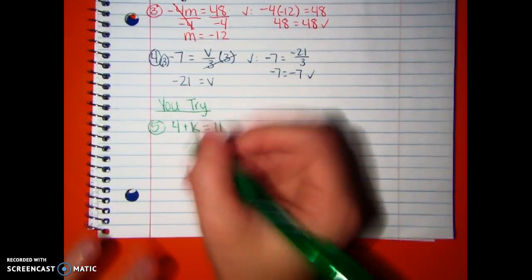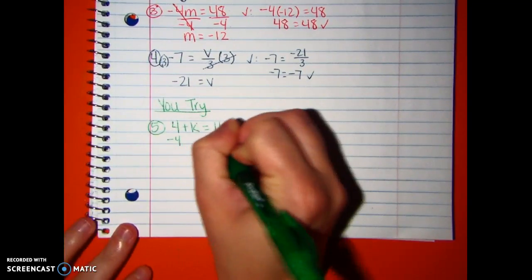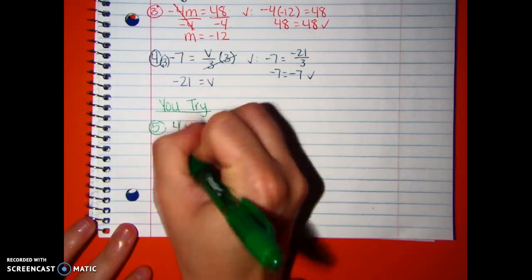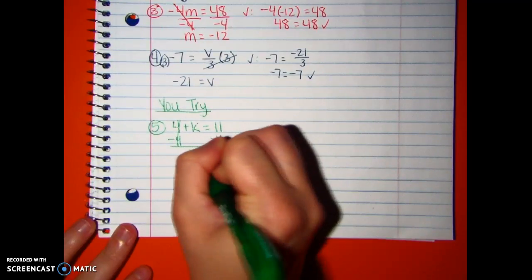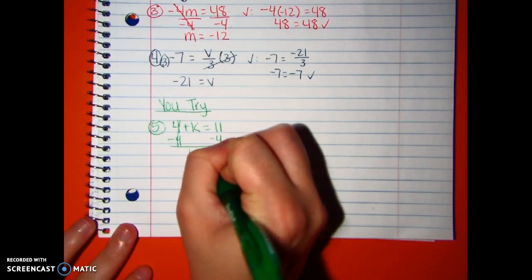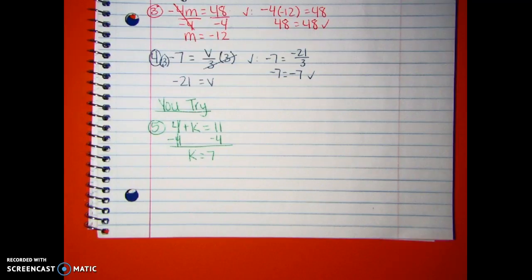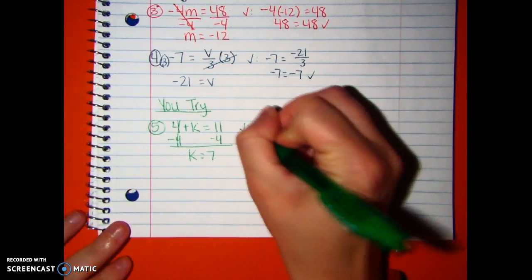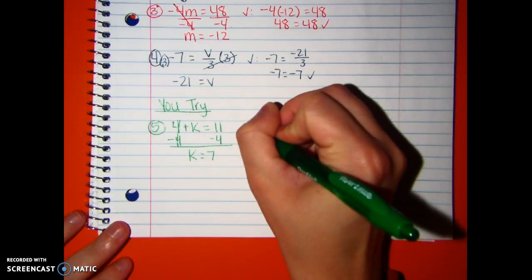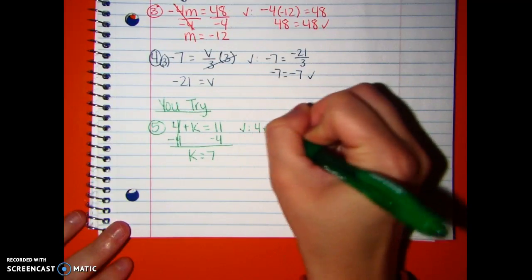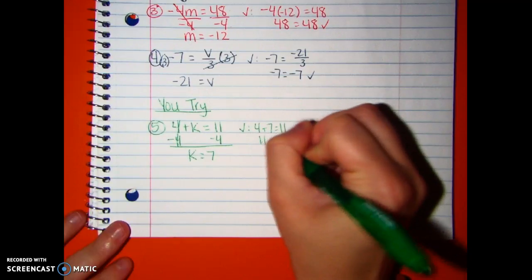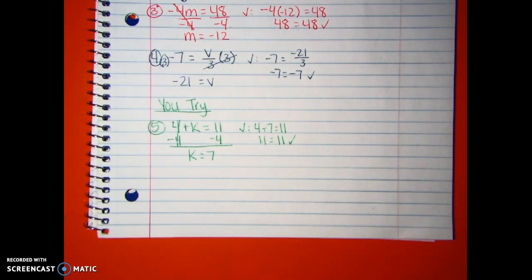Okay, hopefully for this one you subtracted 4 from both sides and got k equals 7. And I know I didn't tell you to do this beforehand, but make sure you check your answer. 4 plus 7 equals 11. 11 equals 11. Okay, that one works.